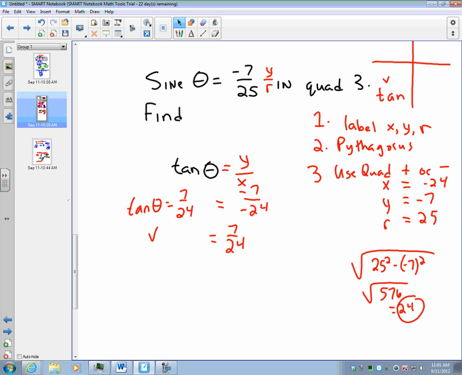So this should be 15 over 17. This should be Y over X, that would be 15 over 8. So that's fine. Yeah, that's right.